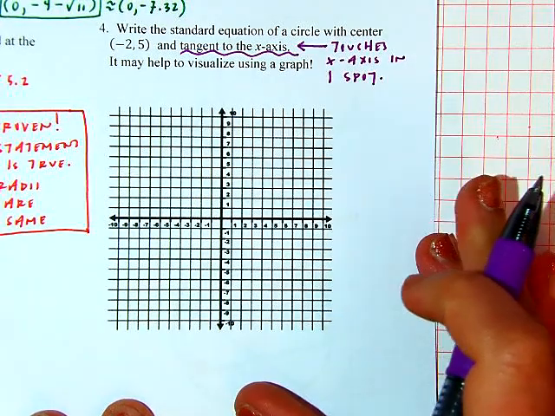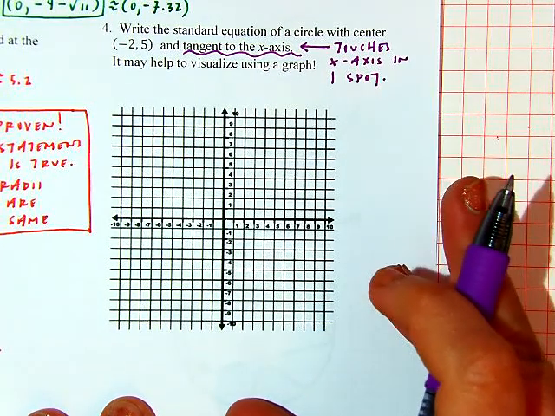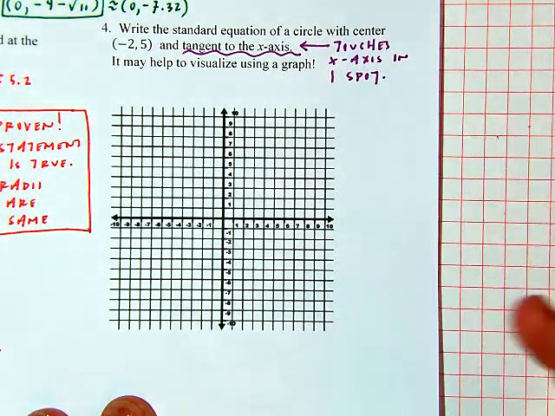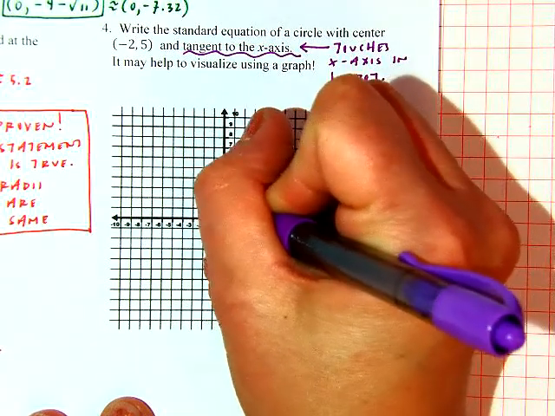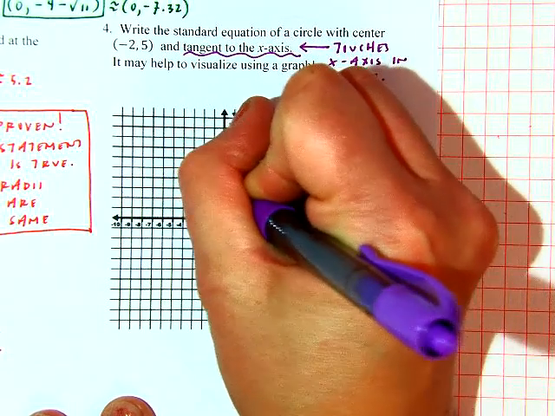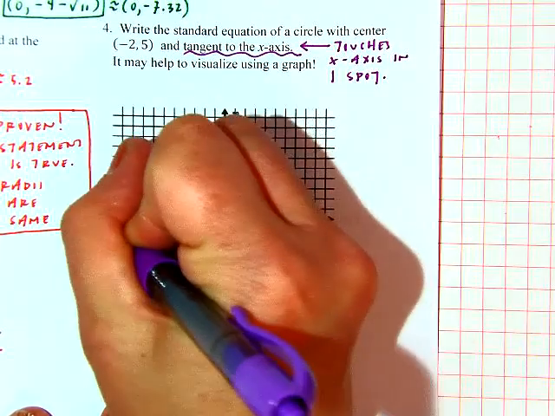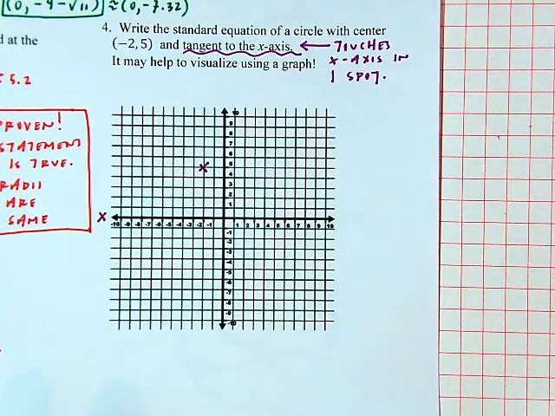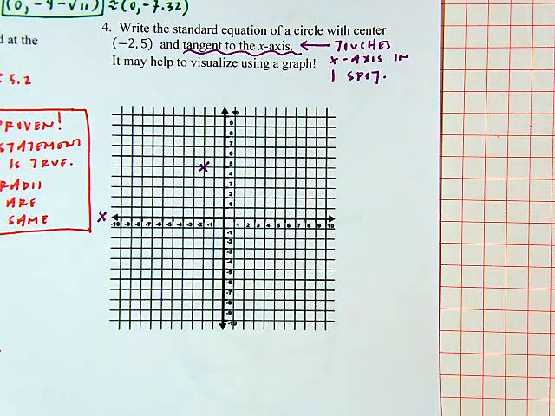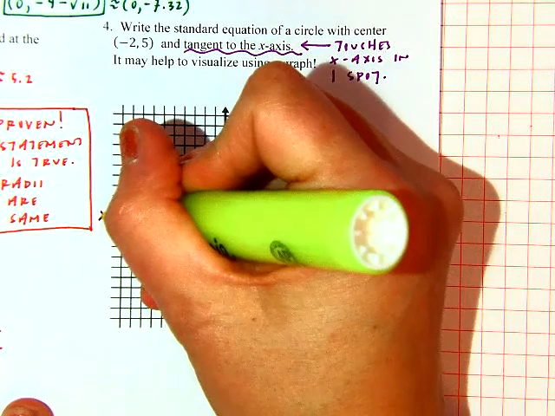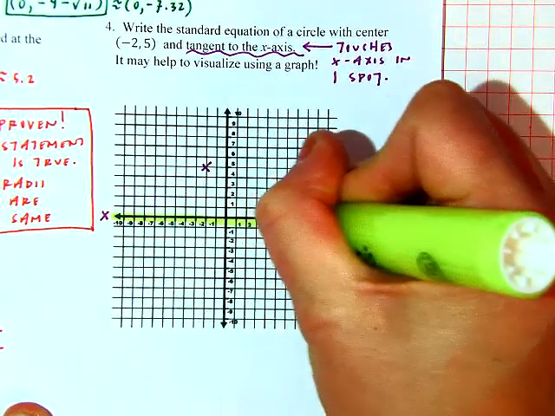All right, so let's graph. So our center is -2, 5. So -2, 1, 2, 3, 4, and 5. All right, which one is my x-axis? My x-axis is right here. So let me emphasize that by highlighting that right here.